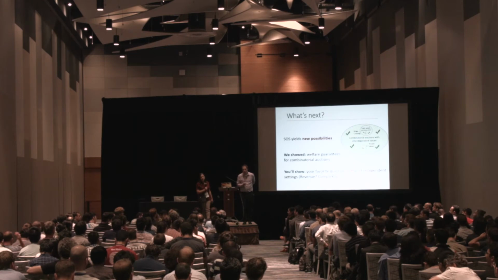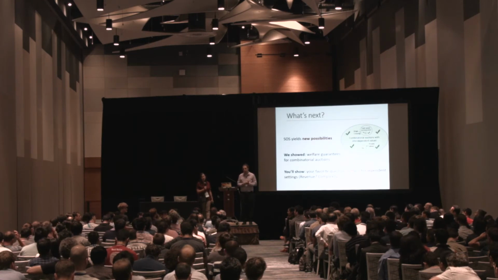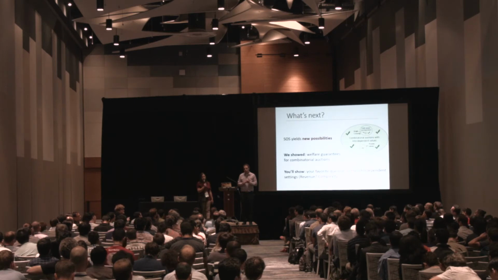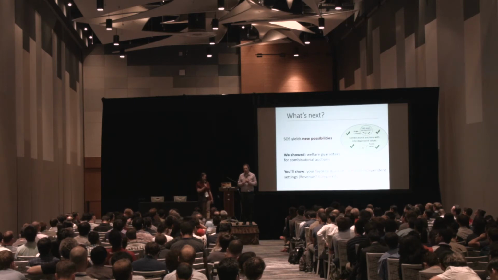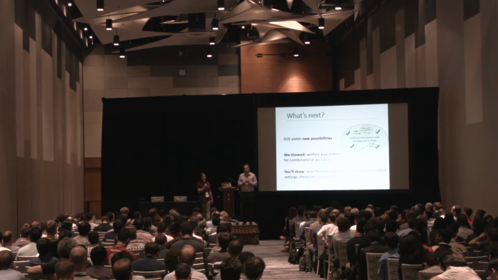Vince? Is there a natural way to implement these auctions without directly reporting signals? So the question was if there's a natural way to implement these auctions without directly reporting signals, but rather asking about valuations or something. I think a related question is what happens if valuations are private as well.